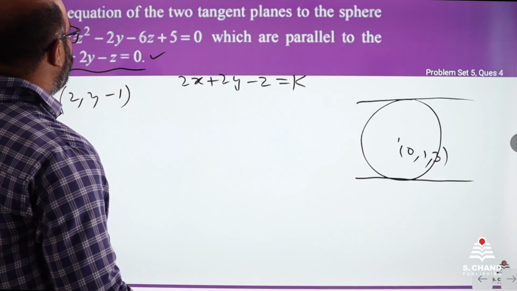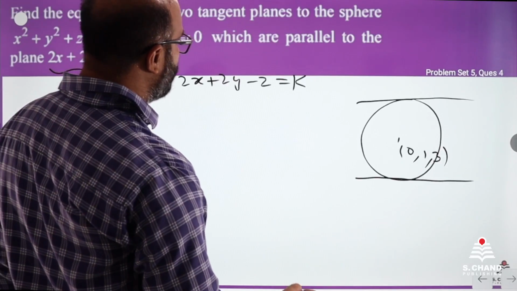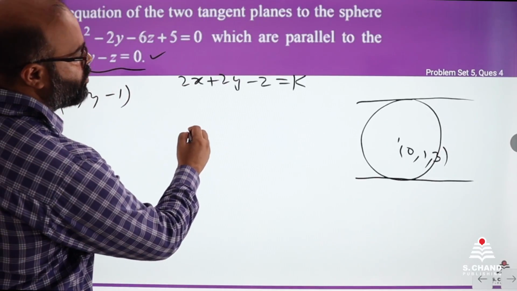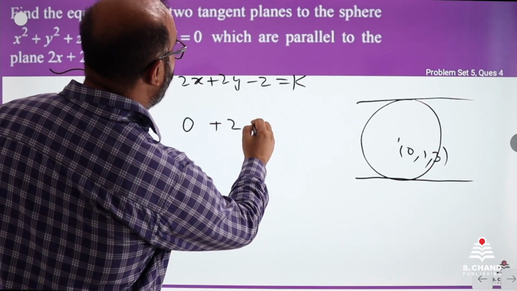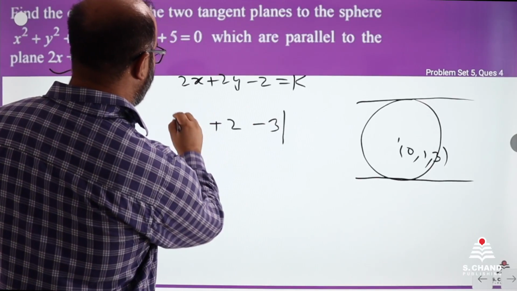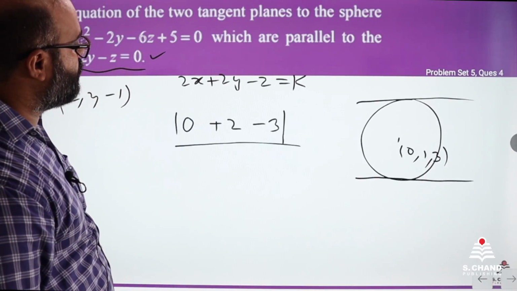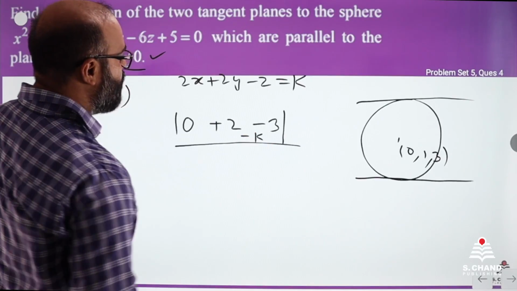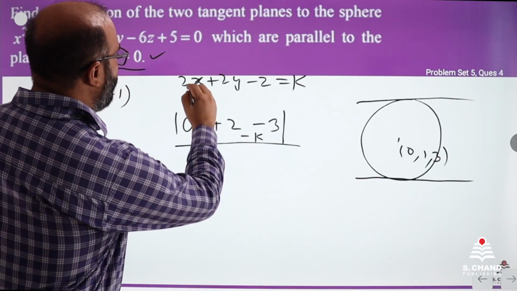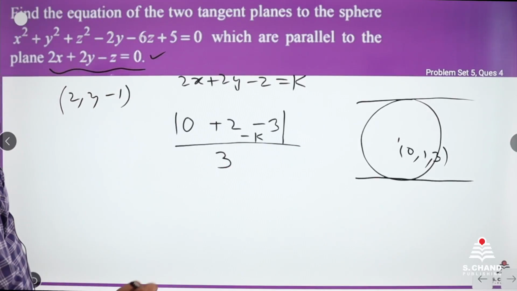the center is 0, 1, 3. And then we have the perpendicular from the center on the plane, so this will be 0 plus 2 minus 3 minus k, mod of this, over root of 4 plus 4 plus 1, that will be 3, is equal to its radius.